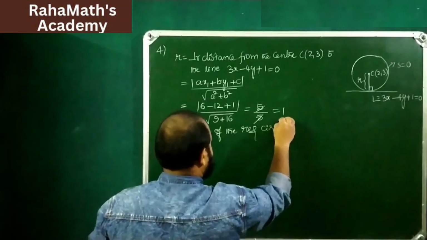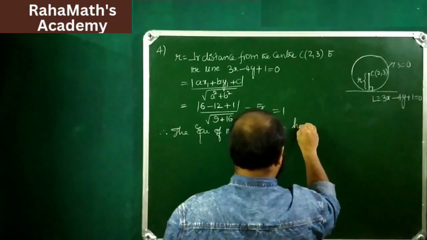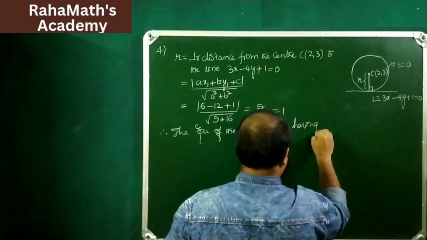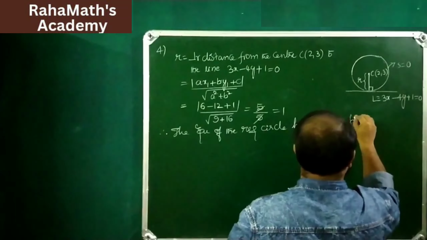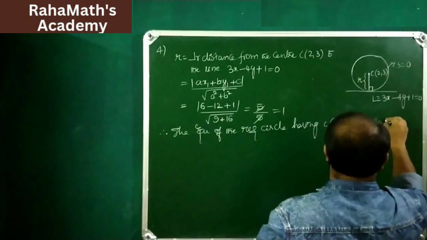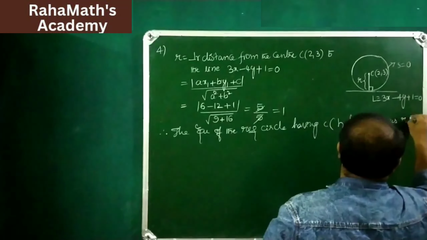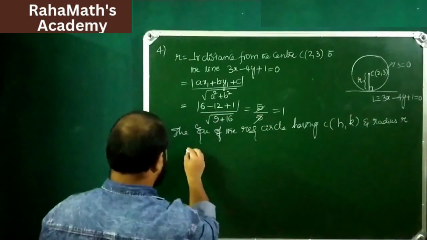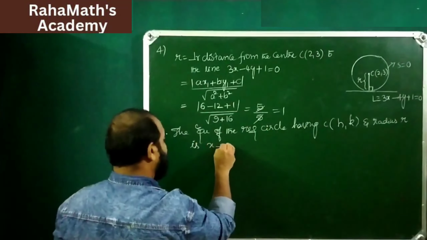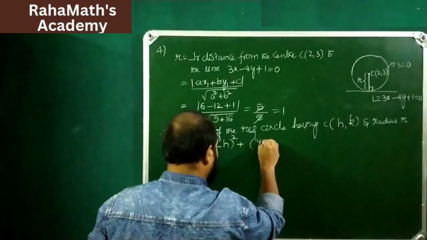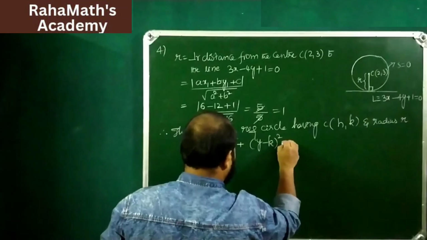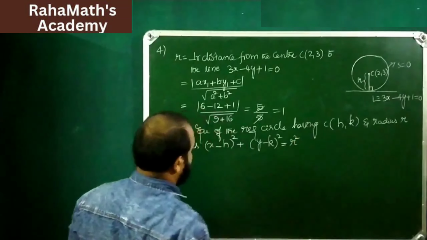circle having center C (h, k) and radius r is given by (x minus h) whole square plus (y minus k) whole square is equal to r square.